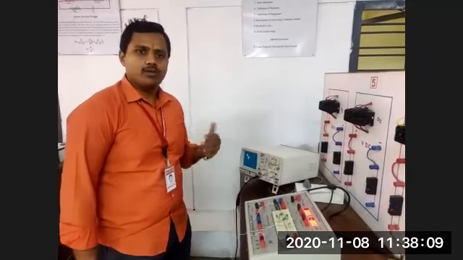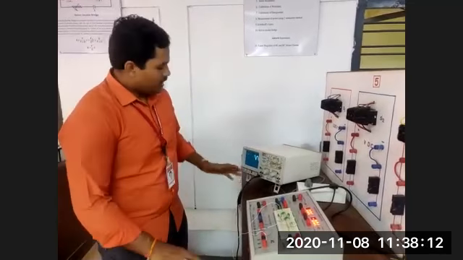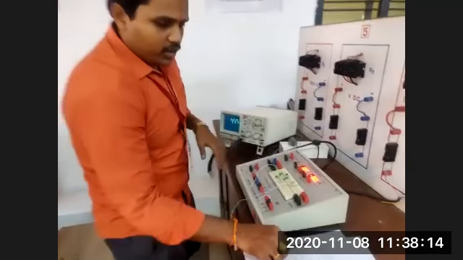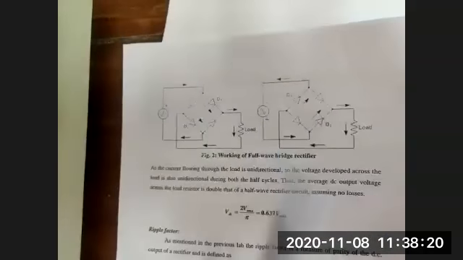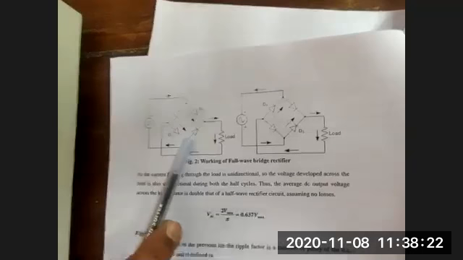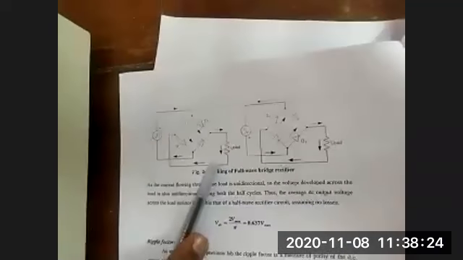But coming to the full wave rectifier, this is the circuit, the full bridge form of the rectifier. Here four diodes are connected across the source, and there is a load.